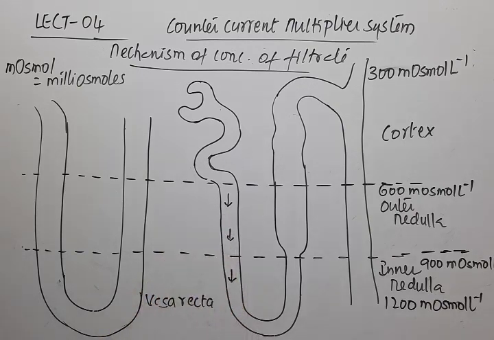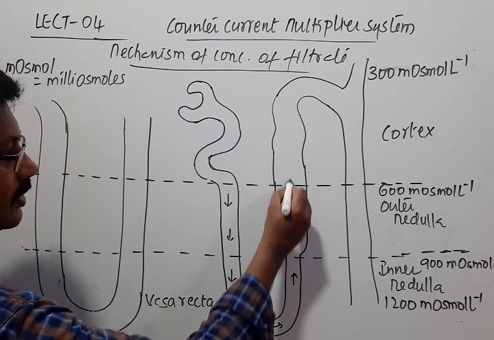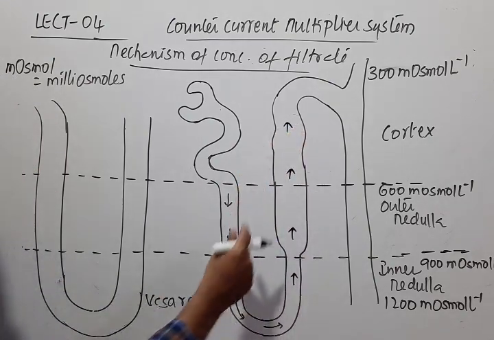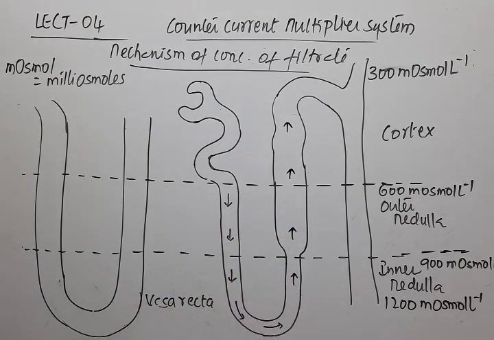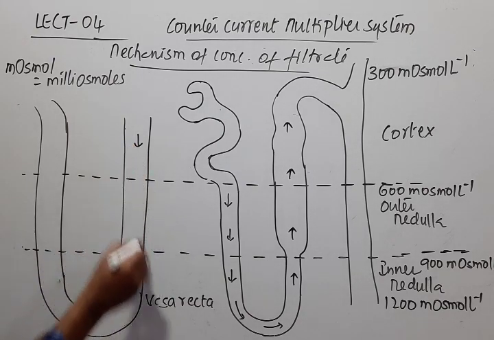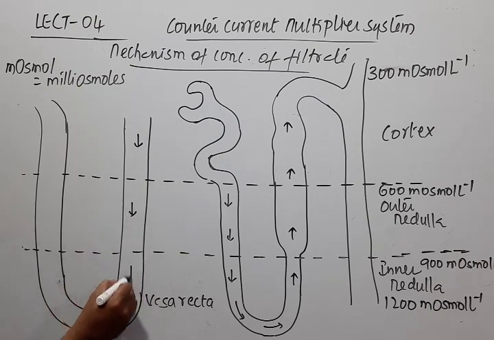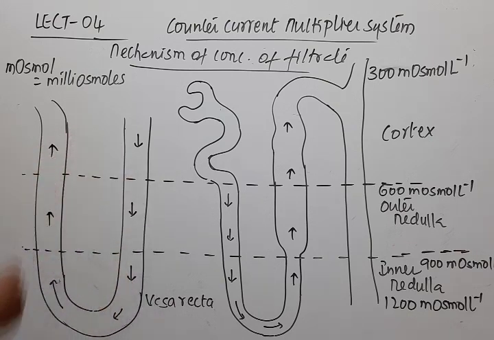In the descending limb the filtrate moves down, and in the ascending limb the filtrate moves up. So these two are in countercurrent. At the same time, the blood in the vasa recta will be flowing in this direction, and here also the flow of blood is in countercurrent.